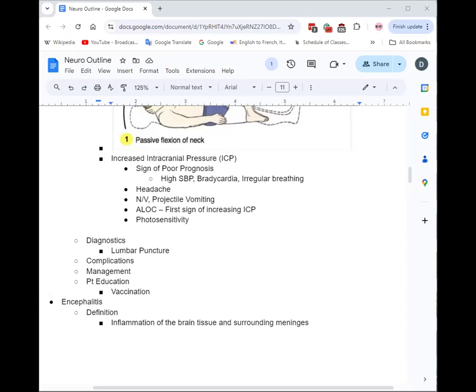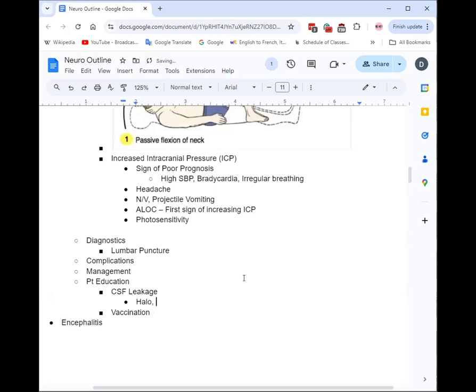That's a good question from Kaylin to Lori. What does a CSF leakage look like? You'll add that here. Yeah, you get the halo bullseye.